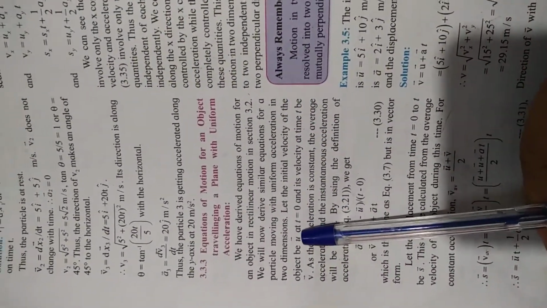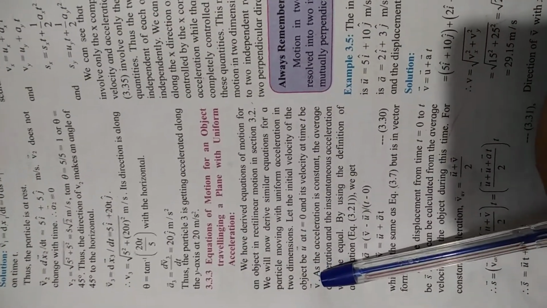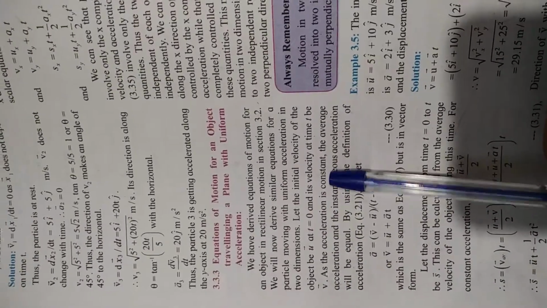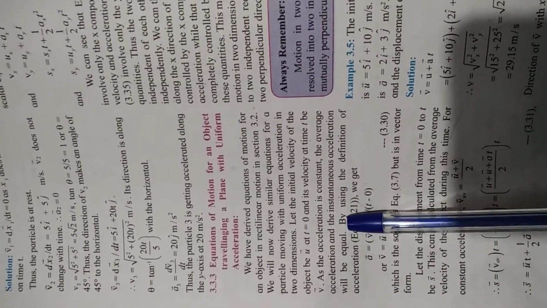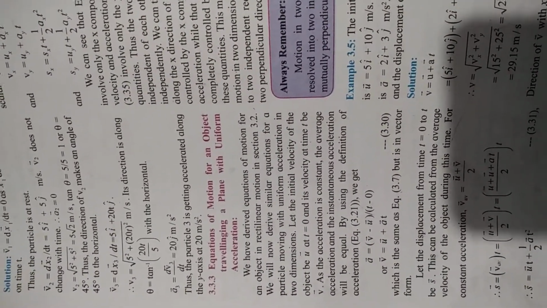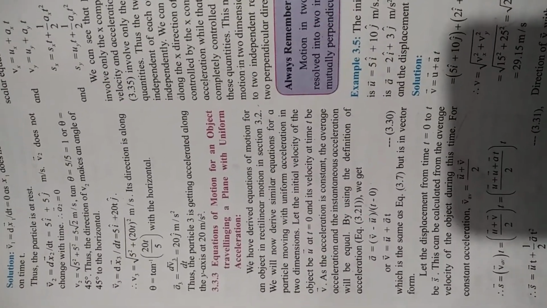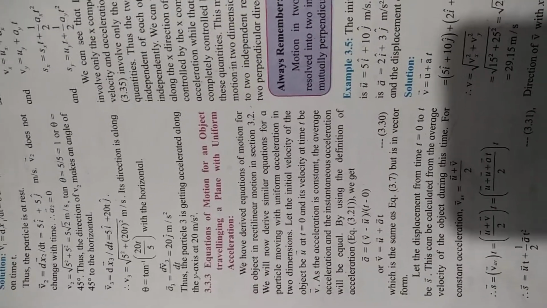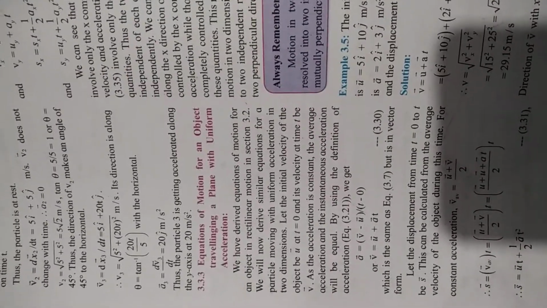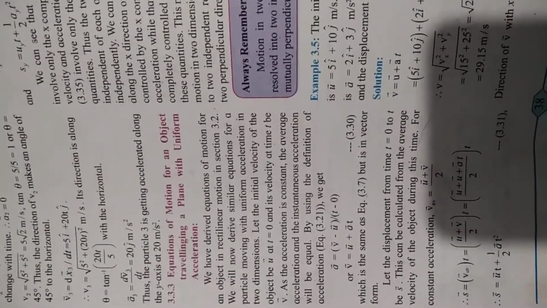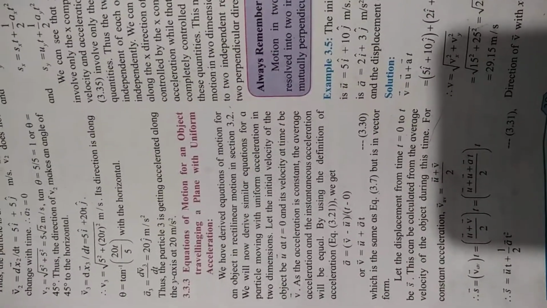Let the initial velocity of the object be u at time t equal to 0, and its velocity at time t, that is the final velocity, is v. Acceleration is constant, so average acceleration and instantaneous acceleration will be equal. By the definition of acceleration, a is equal to change in velocity upon time.